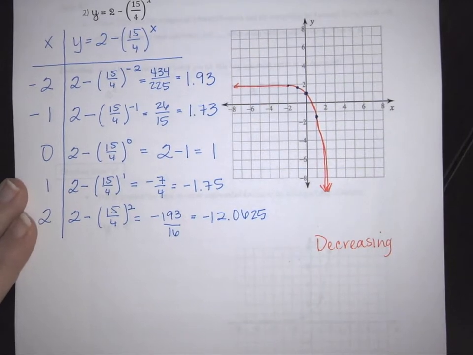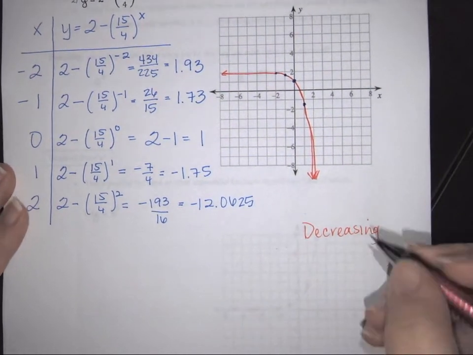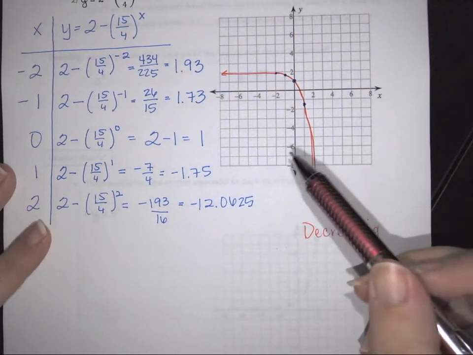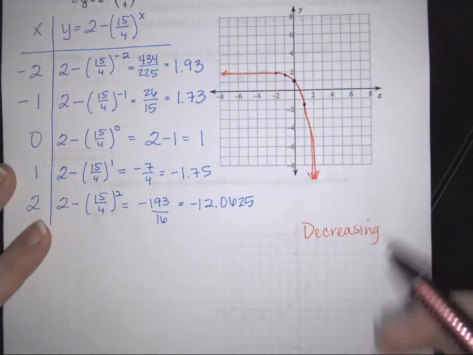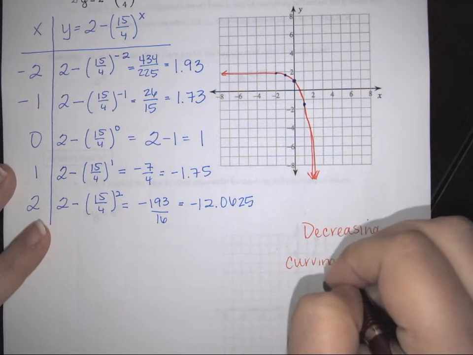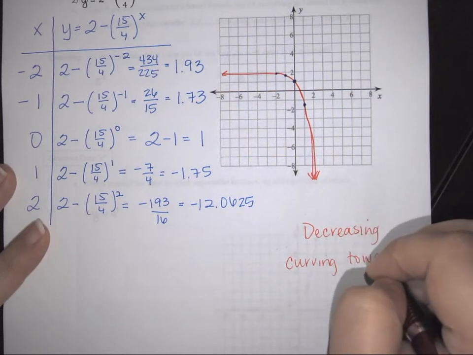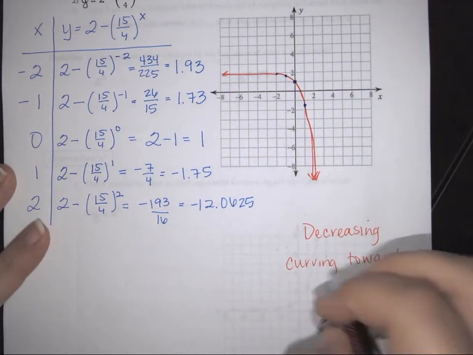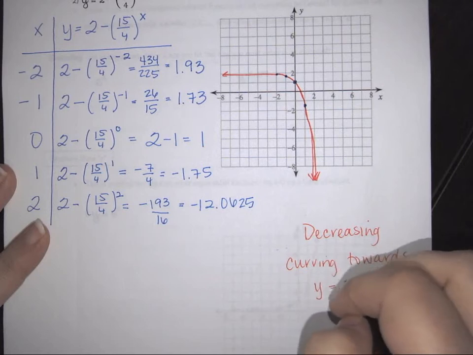If we look at it, we would say that this graph is curving towards y equals 2.